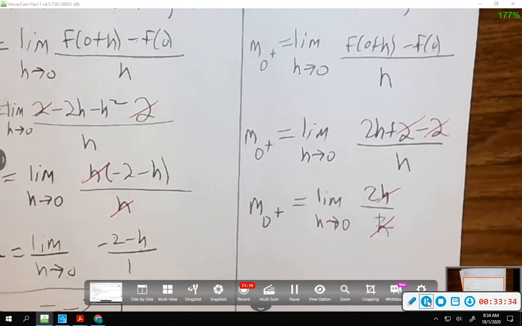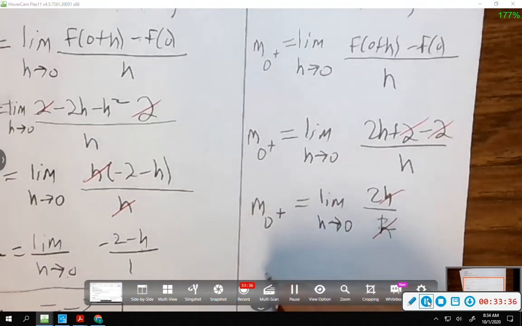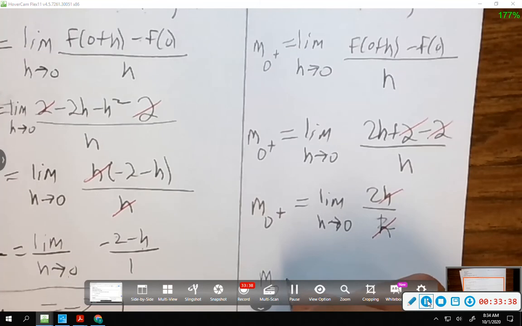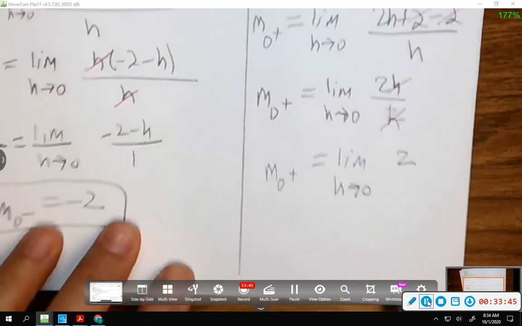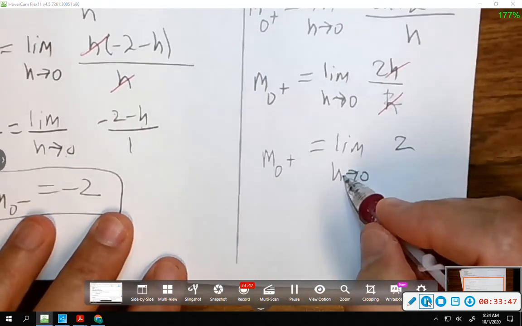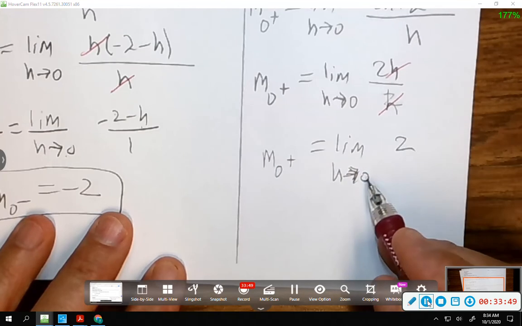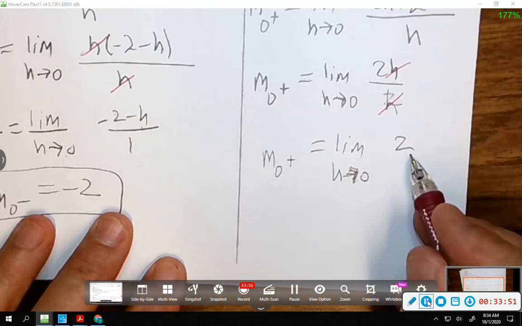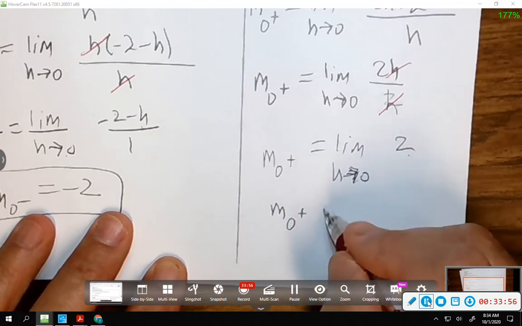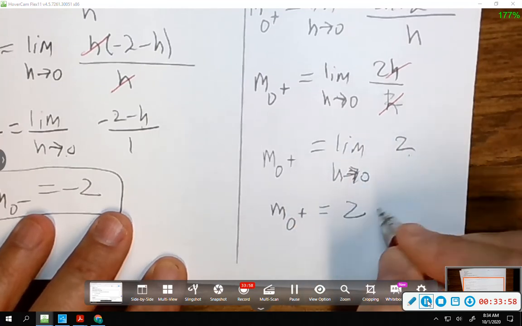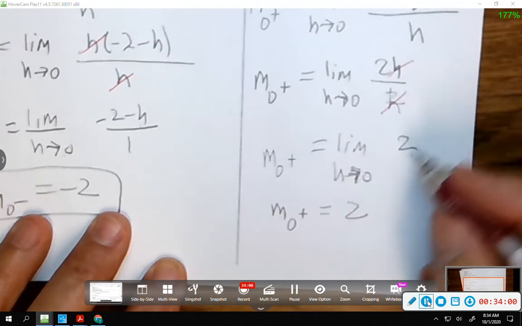And I'm left with the slope at 0 from the right is the limit as h approaches 0 of 2. The limit as the variable approaches any number of a constant is always just a constant. And that's what we should have gotten, right? The slope from the right is going to be positive 2. Clearly, it's a line. It always has a slope of 2.